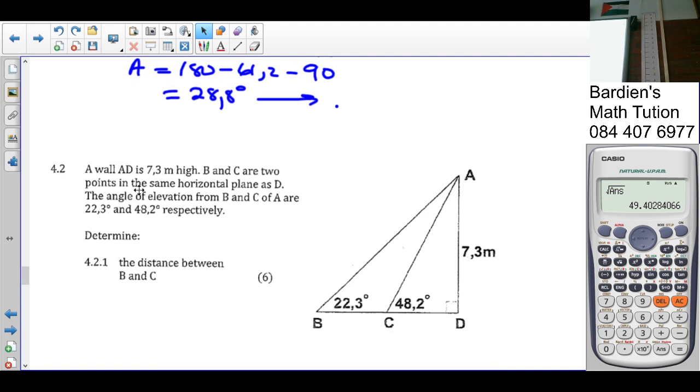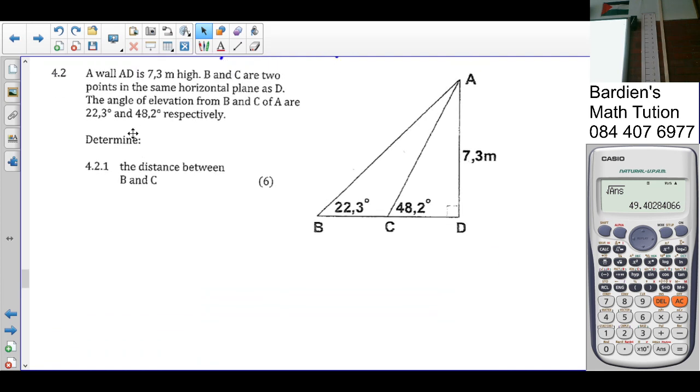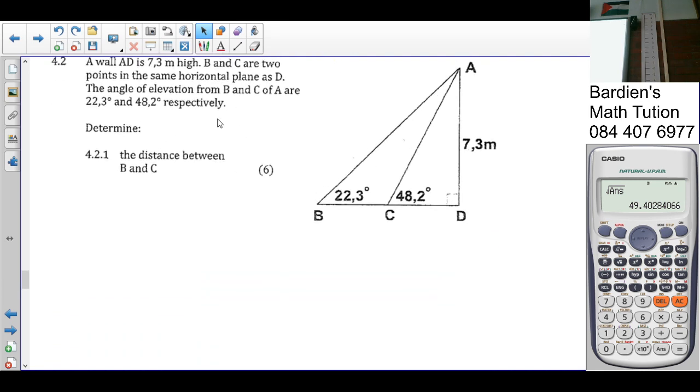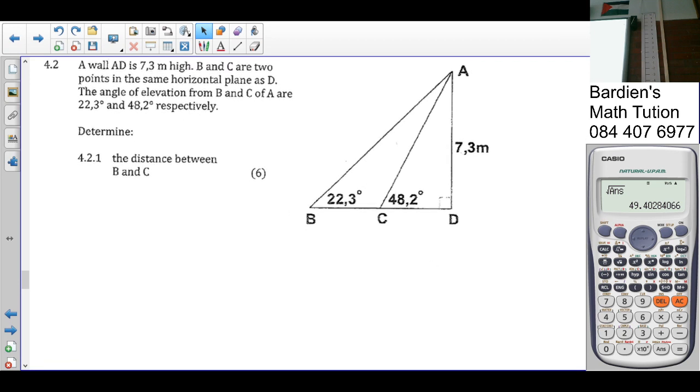In question 4.2 we are told a wall AD is 9,3 meters high.